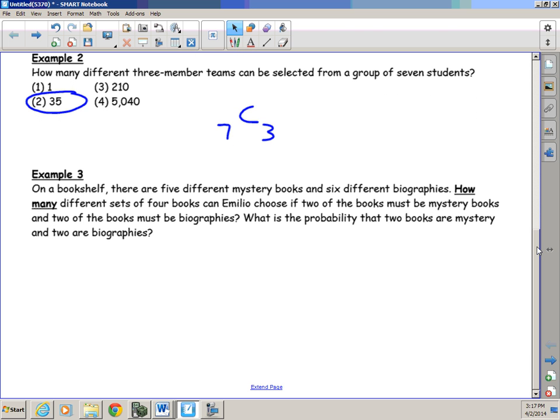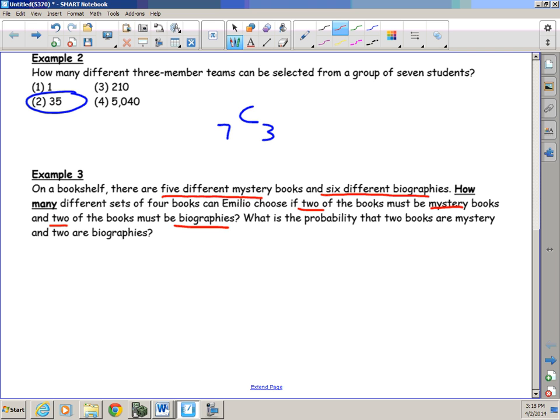Now, next one. I have a bookshelf that has 5 mysteries and 6 biographies. I'm going to choose 4 books, and 2 must be mystery, so that means 2 must be biographies. What is the probability that 2 are mystery and 2 are biography?